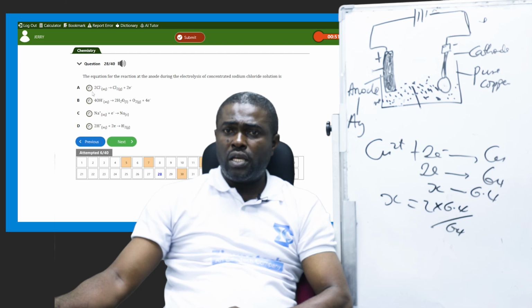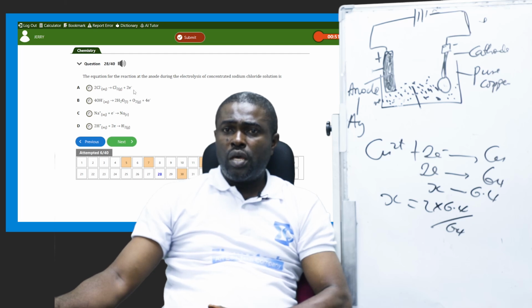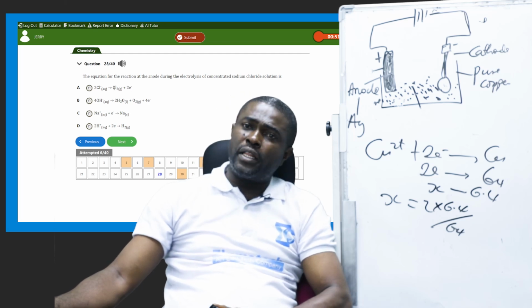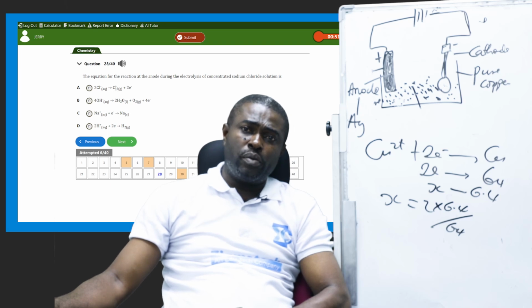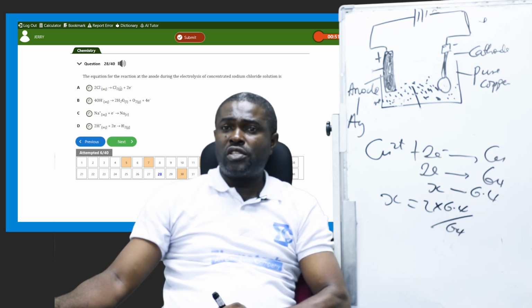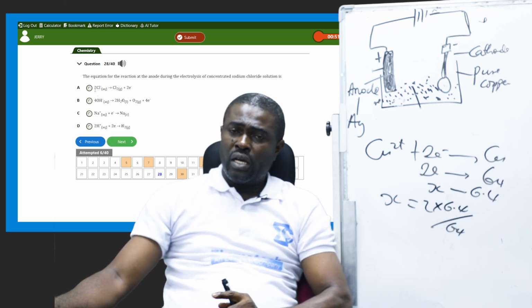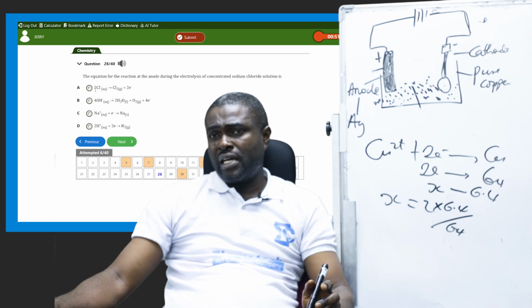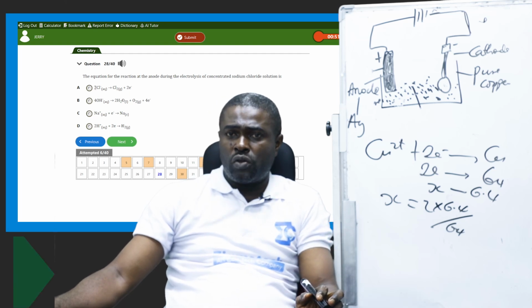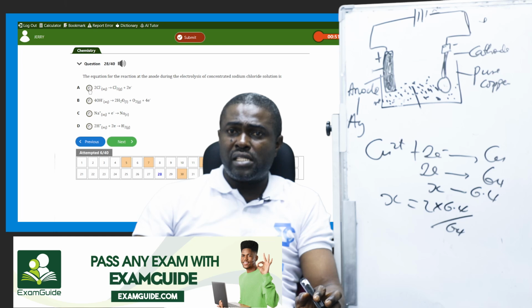So A is the correct answer. 2Cl- gives you Cl2 plus 2 electrons. It becomes 2 electrons because the chlorine there must not be monatomic, but rather diatomic. So in order to balance such an equation, 2 moles are given to the chloride ion at the left-hand side, and finally 2 electrons balance the equation. So the correct answer here is this.